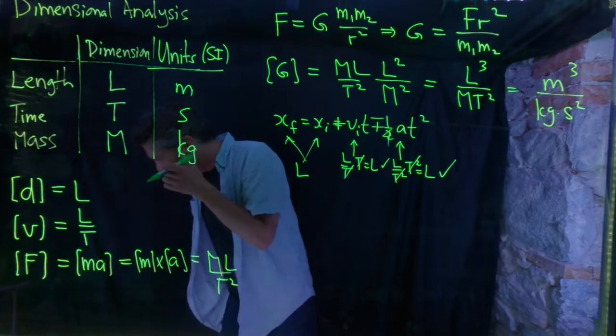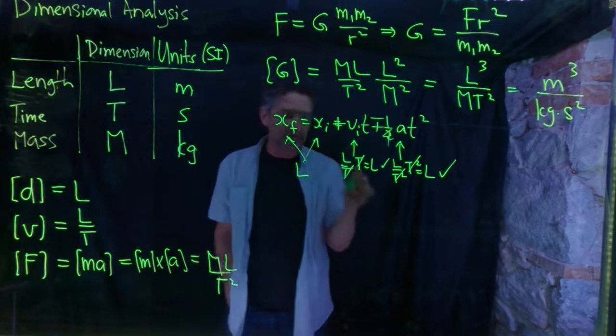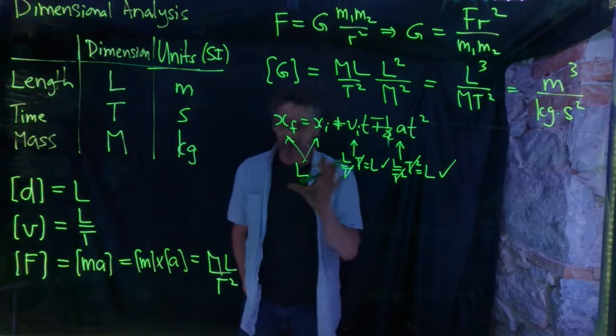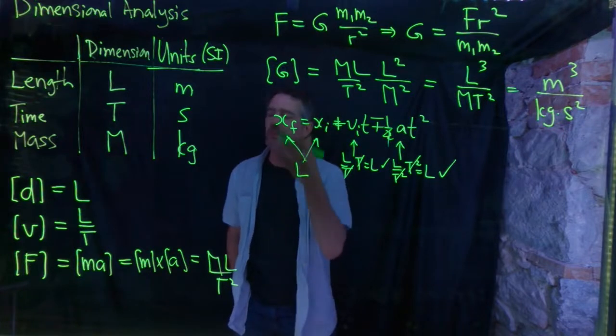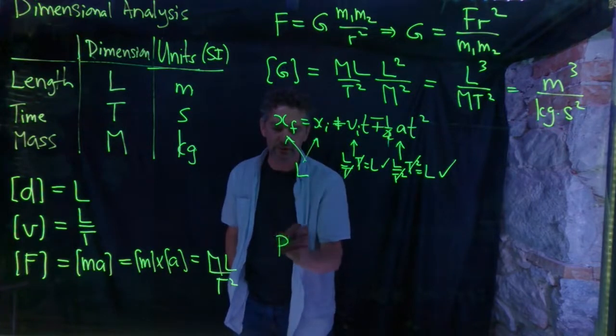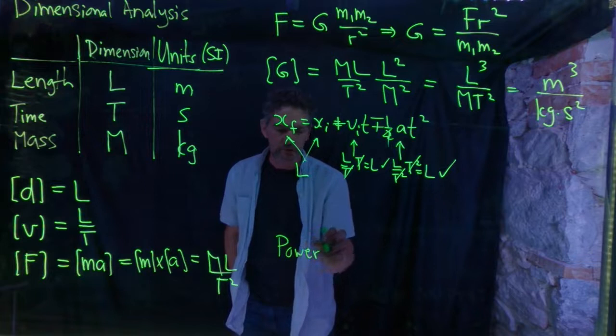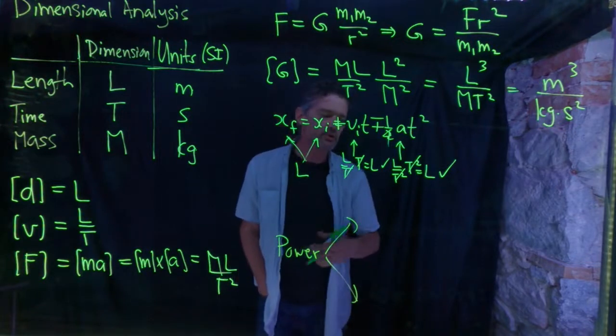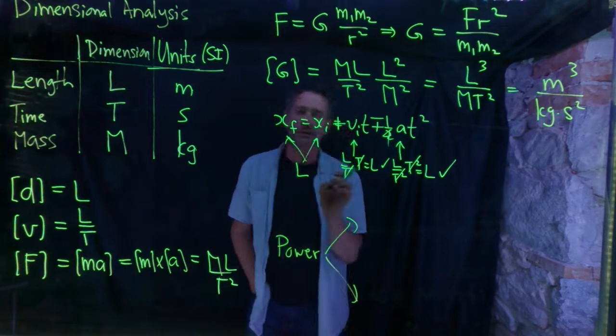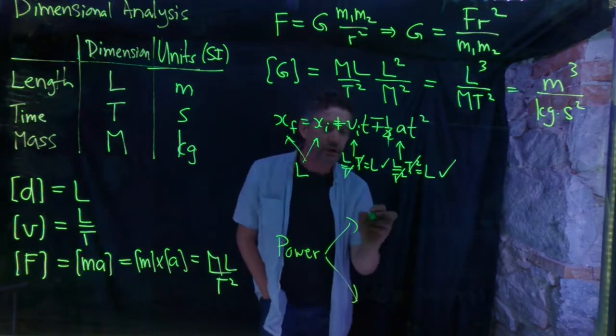So the last thing to say about this, before we go on to a really interesting example here, is what's the real power of dimensional analysis? Why do it? Well, there's two reasons why we do dimensional analysis. So one is to check your answers.